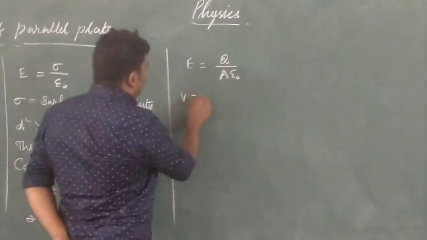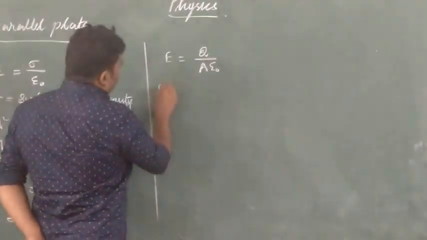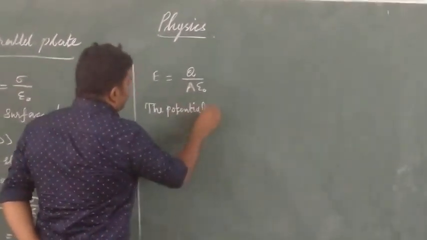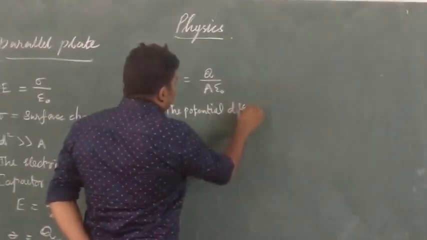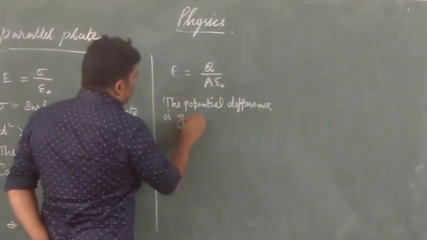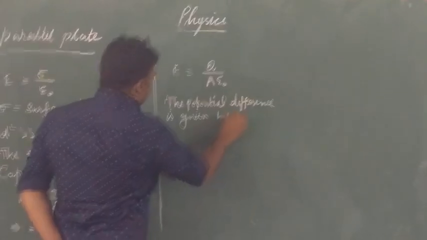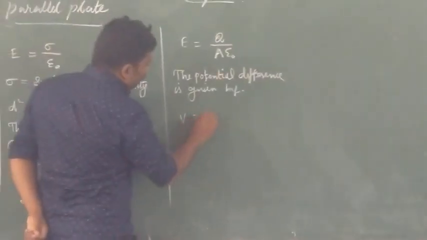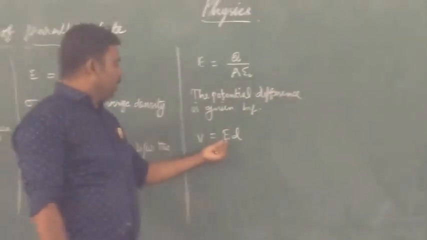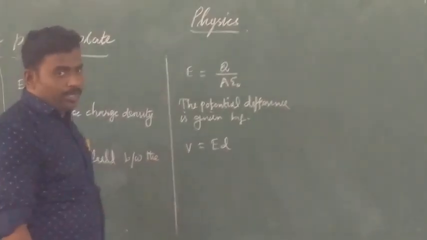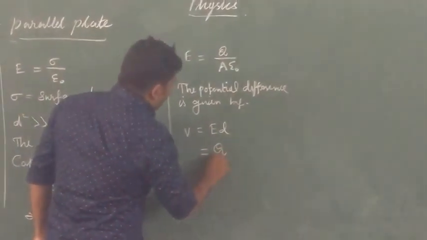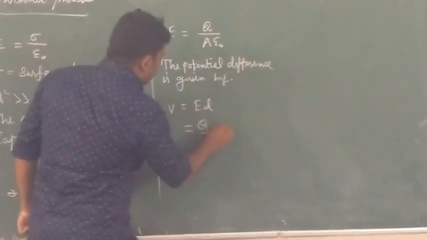That is V, the potential difference, is given by V equal to E D. So we know that the value of E is equal to Q divided by A epsilon naught. So substitute this. Therefore V is Q divided by A epsilon naught into D.